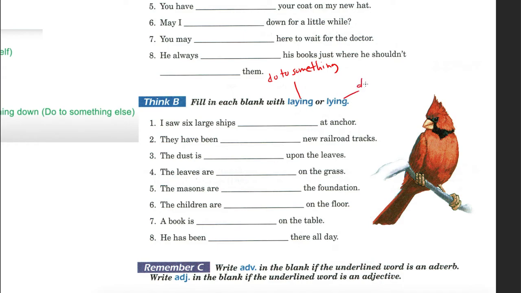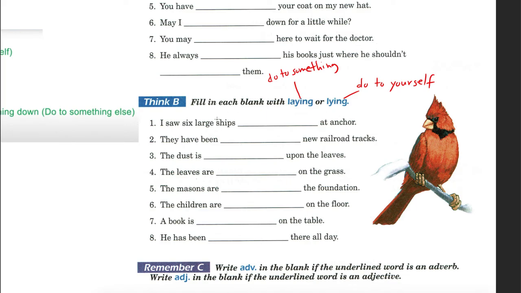Lying is doing it to yourself. If the sentence doesn't include putting something else down or laying something else down, you would use lying. If it's just sitting there, you would use lying. But if the sentence talks about something else being put down, you would use laying.